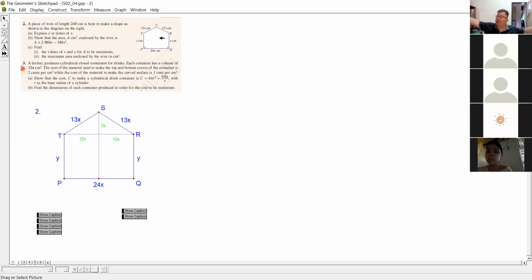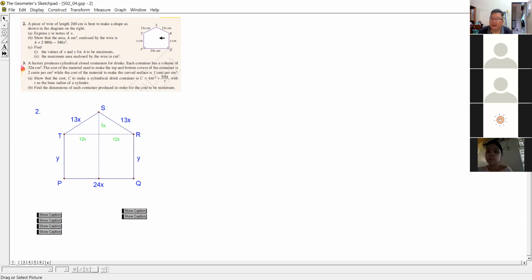We have a very long piece of wire, and you bend the wire a few times to make it into a shape as shown in the figure. Actually, they are trying to tell us that the perimeter is 240 because the total length is 240. So you bend this 240 to make a shape, and that shape has the perimeter of 240.